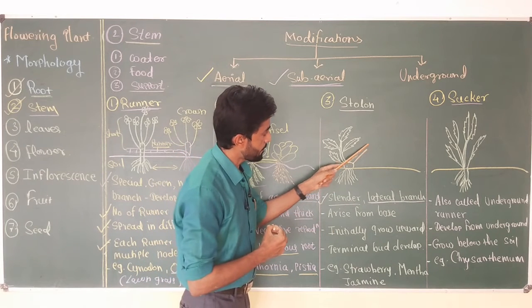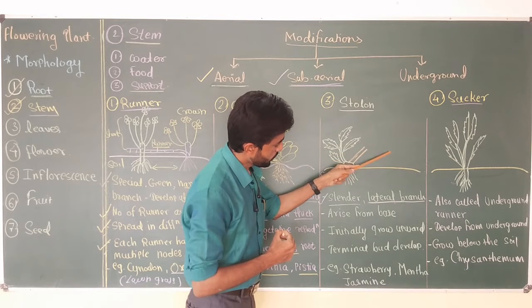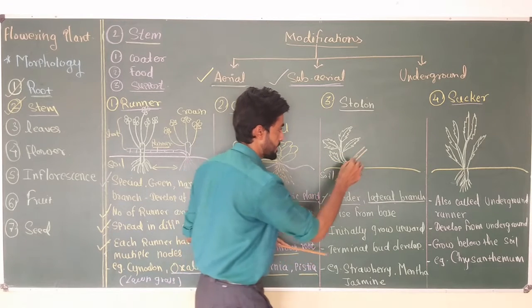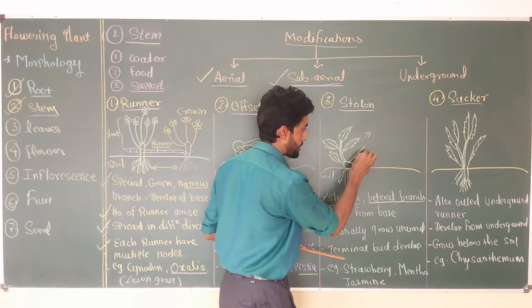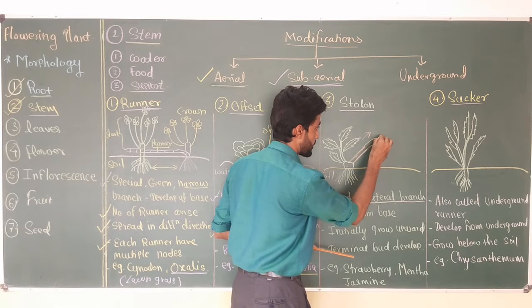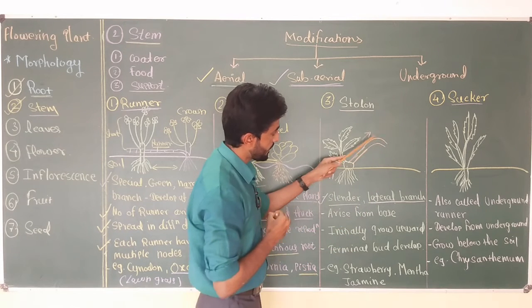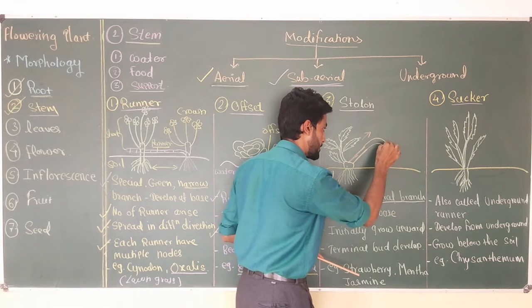Initially the branch grows upward and then bends down and moves towards the soil. That means initially this branch grows in this direction, but after some time it bends down, and after bending it starts growing towards the soil.